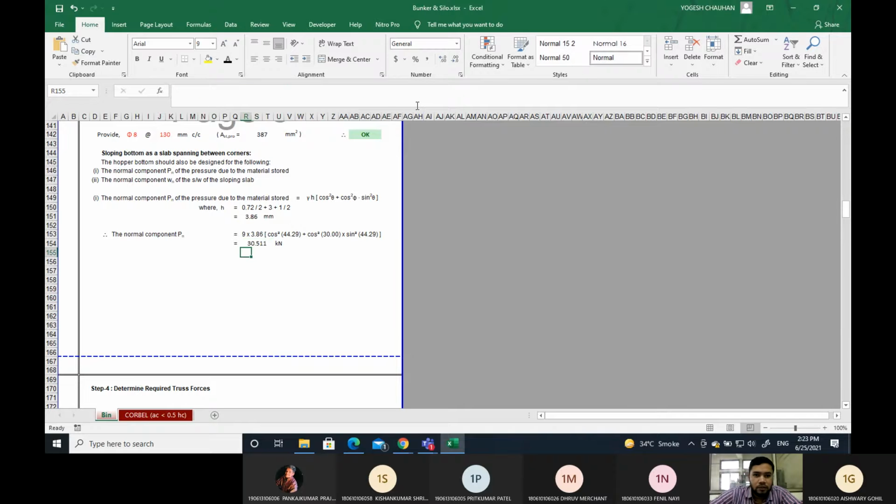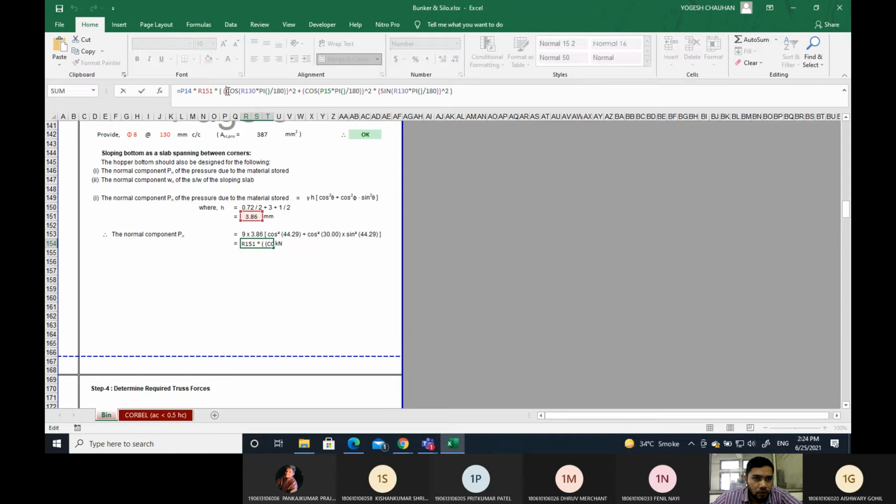Either you multiply this, or you can do one thing. Take the degree here. In that case, you don't have to multiply this pi. So this way also you can do.